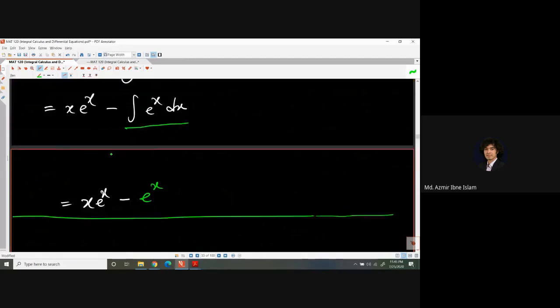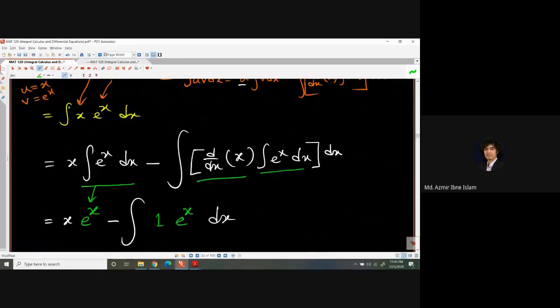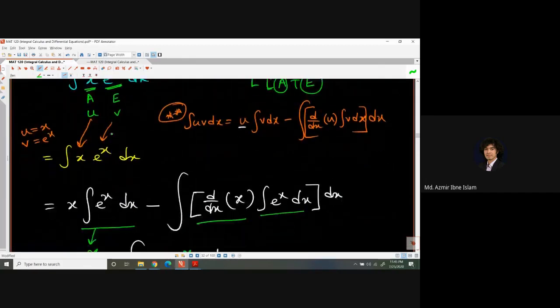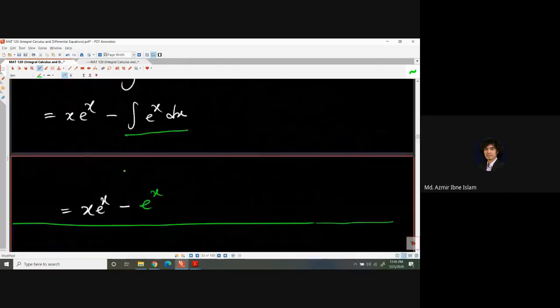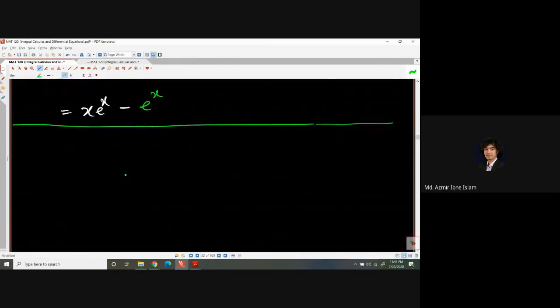Okay, so for you I am taking another example. Whatever problem we have done here is an indefinite integral. We don't have any lower and upper limit. But now I am thinking about one problem with a definite integral.